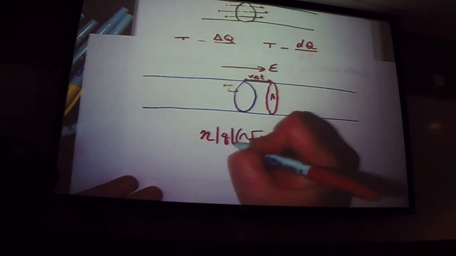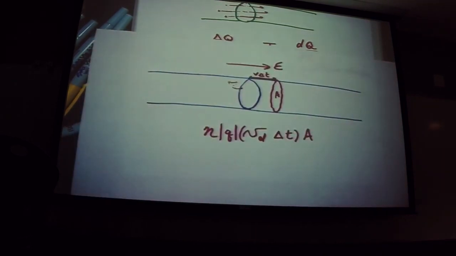Since we're just looking at magnitude here, I'm going to say absolute value of Q. Unless I have specific ions that I have created, it's either going to be an electron or a proton. The absolute value of that charge is our constant e.